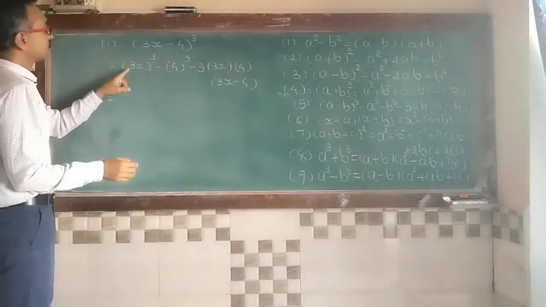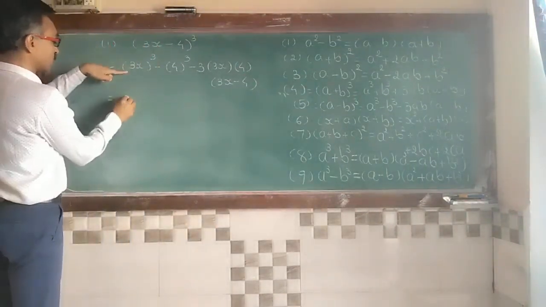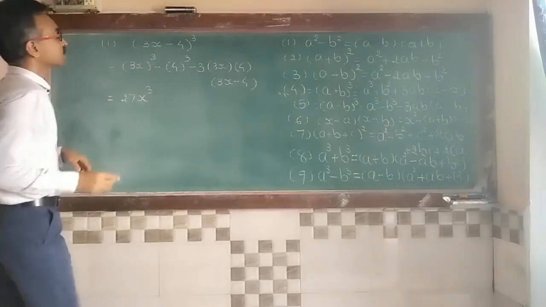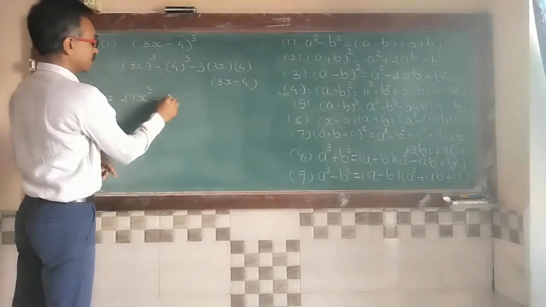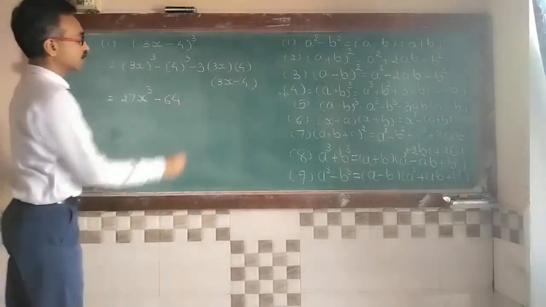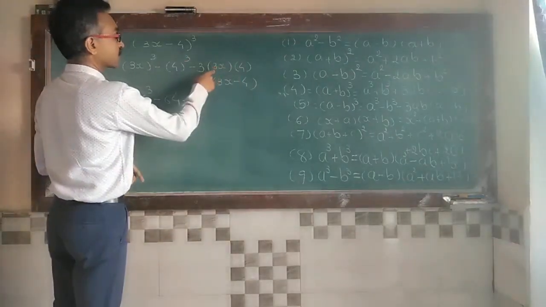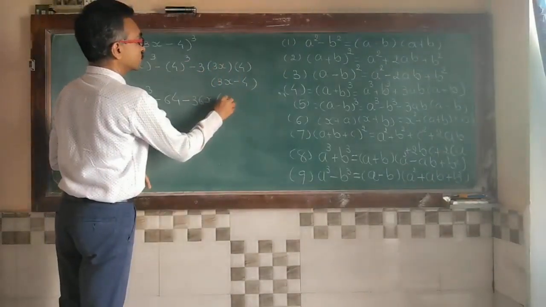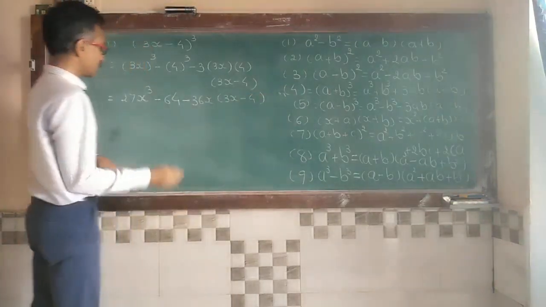See, 3x whole raised to cube, that means 3 cube is 27x cube, minus 4 cube, that means 64, minus 4 3s are 12, 12 3s are 36x into 3x minus 4.